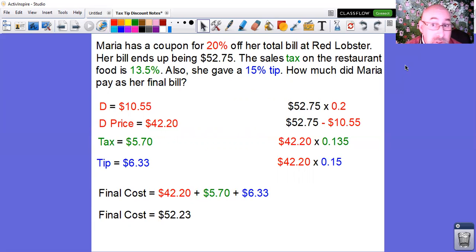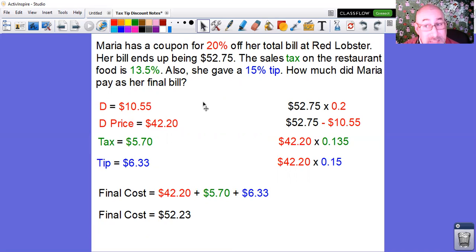So the first thing we're going to do is find out the discounted price, because we don't want to pay tax on something we didn't actually spend. So it's 20%. 20 divided by 100 gives us 0.2 as our decimal. $52.75 times 0.2 gives us $10.55 as the discount amount.